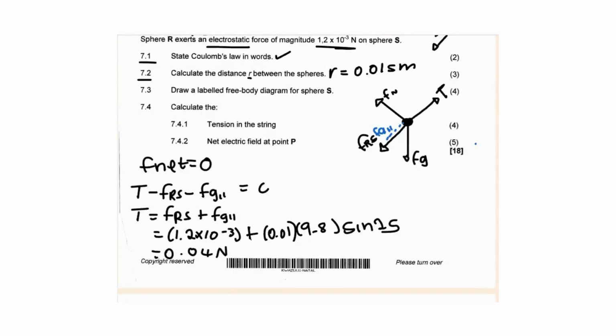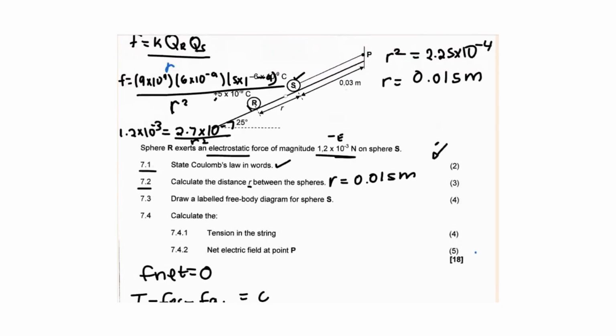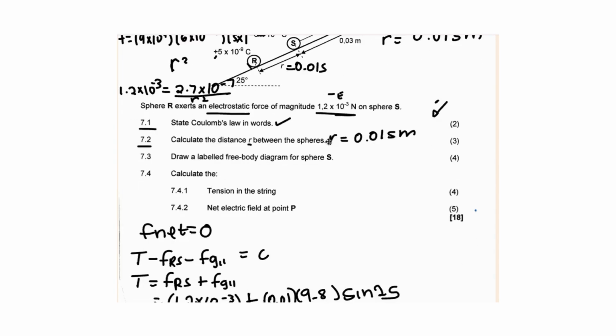So that is our T. And then, now finding the net electric field at point P. We have the charges, we have the distance. Remember that was 0.015 meters.